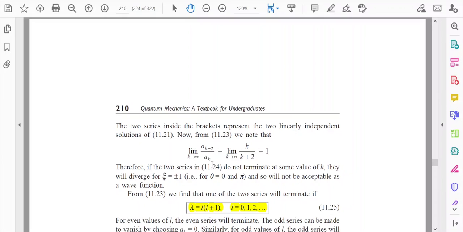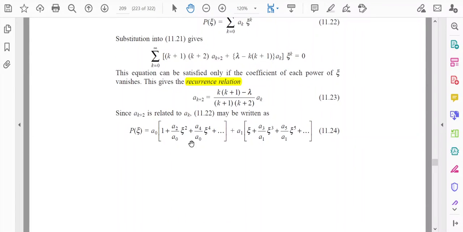So what is the meaning of that? Although we are setting k tends to infinity, the ratio of the terms a k plus 2 by a k is 1. It means that although we are going to infinite values of k, the coefficient of zeta will not vanish.